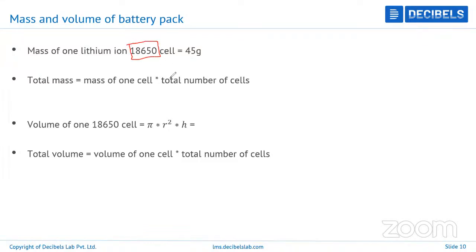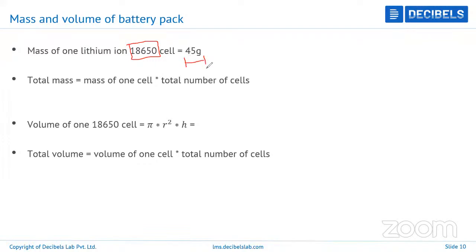These are one of the most commonly used lithium ion cells in the market. They're cylindrical type, basically similar to your AA batteries, but of course their nominal voltage will be a little bit different.